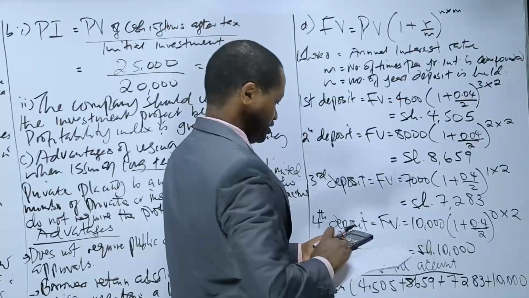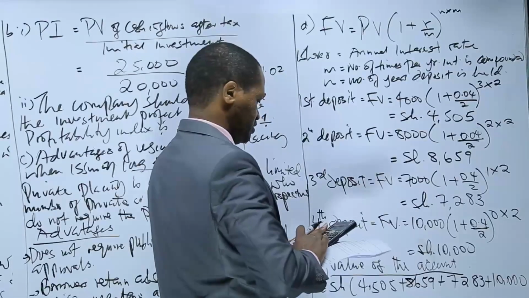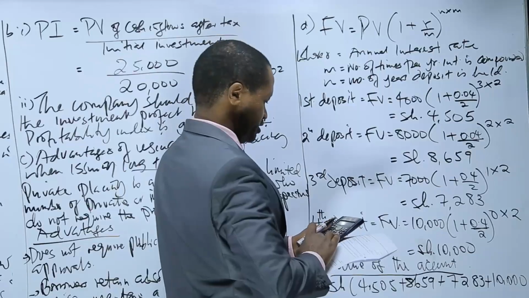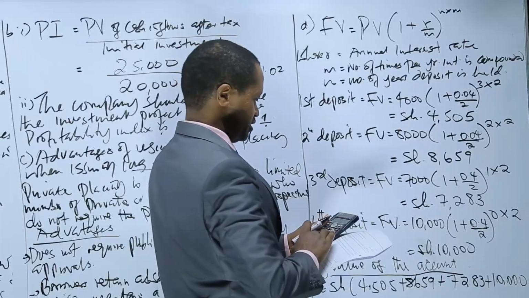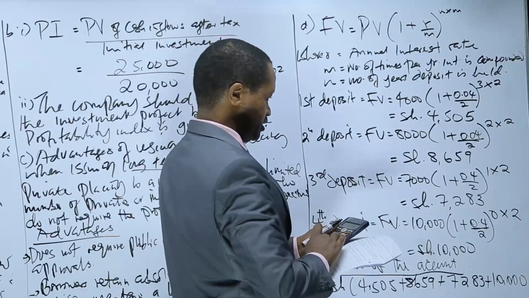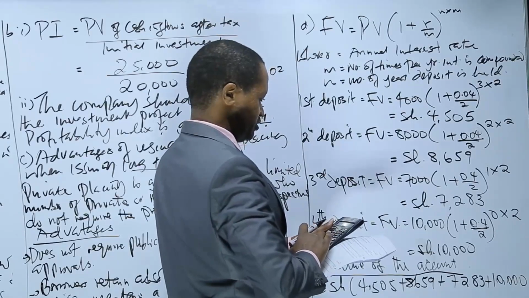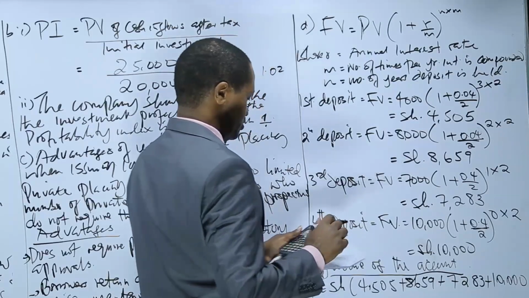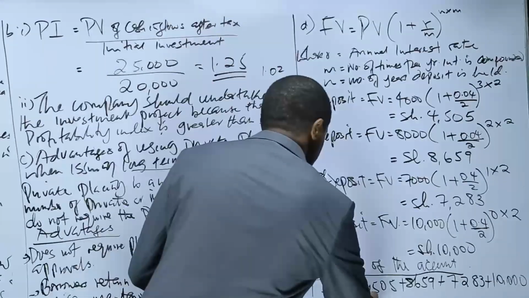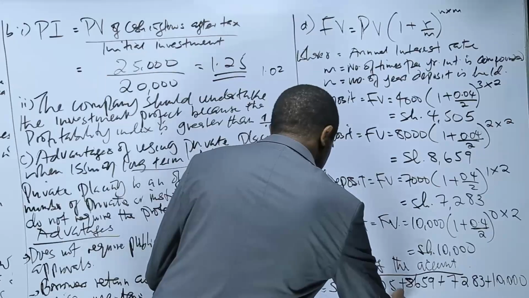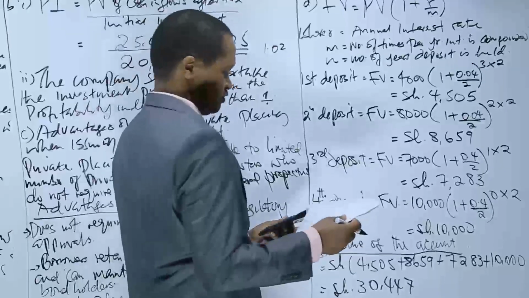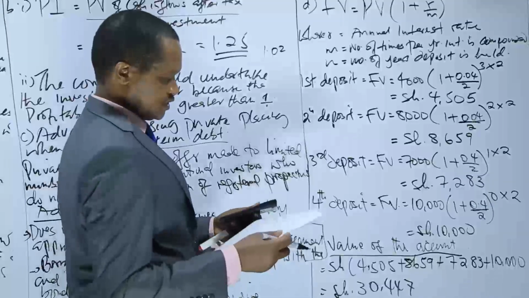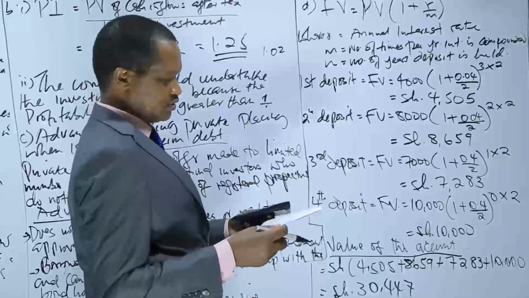So I come here and take 4,505 plus 8,659 plus 7,283 plus 10,000. The total money is 30,447. 30,447.